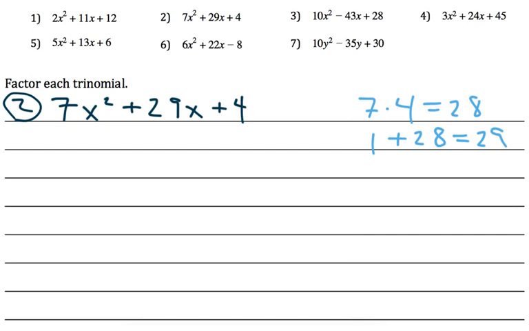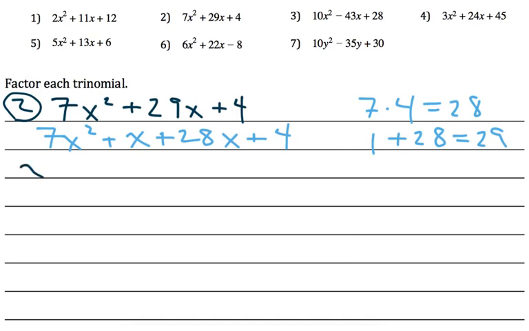Like I was saying, if you start heading down the wrong path here, something's not going to work out in this step, and that means you have to go back and reframe the way you're thinking about it. So 7x squared, and I'm breaking 29x into 1x and 28x. These first ones don't have any minus symbols, and they're kind of keeping it that way so that it feels a little bit more simple and straightforward.